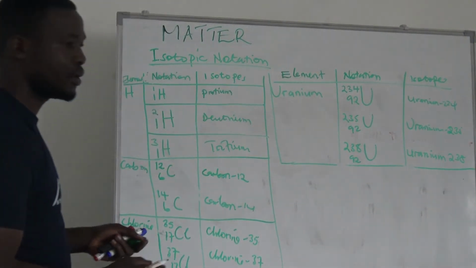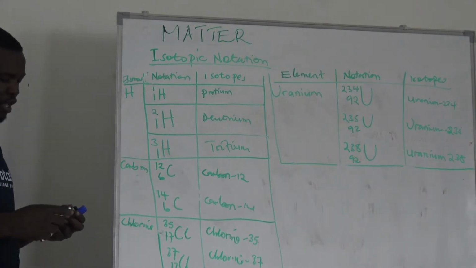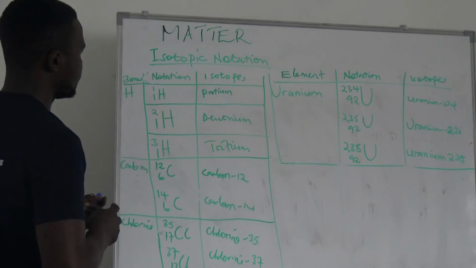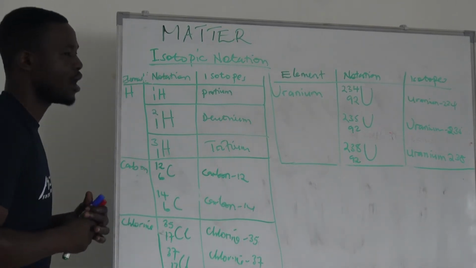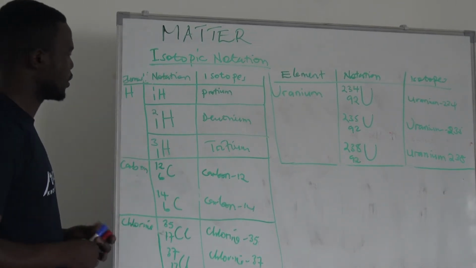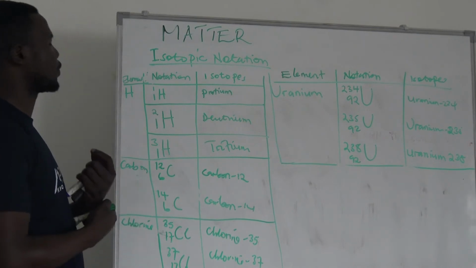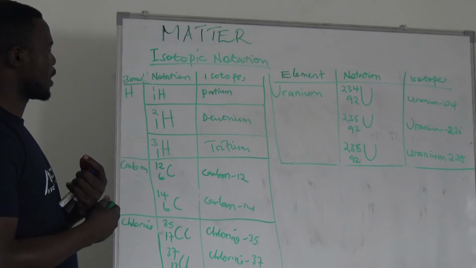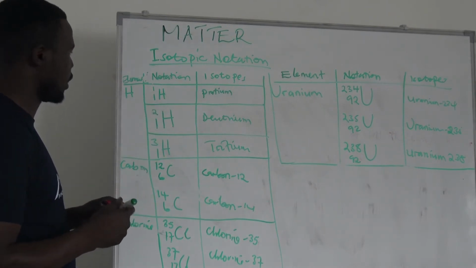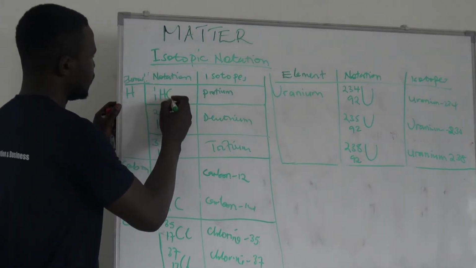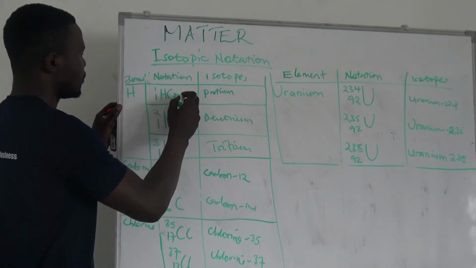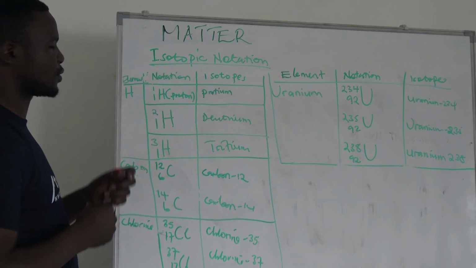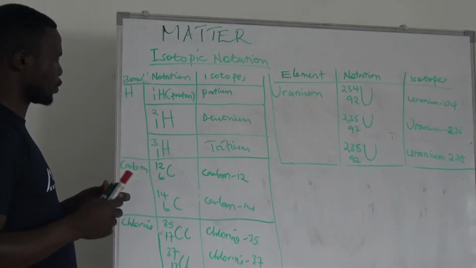Now, if we expand on this, for example protium has 1 proton and 0 neutrons. For that reason, it is at times called a proton, because it only has 1 proton.